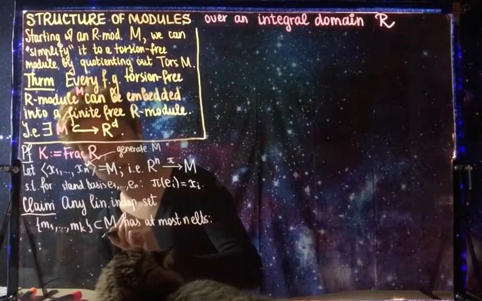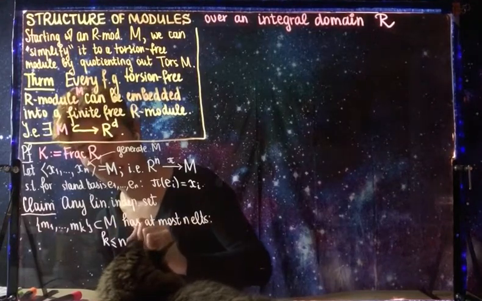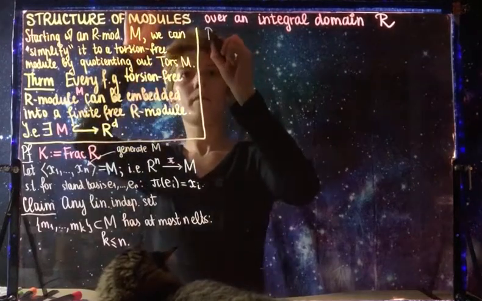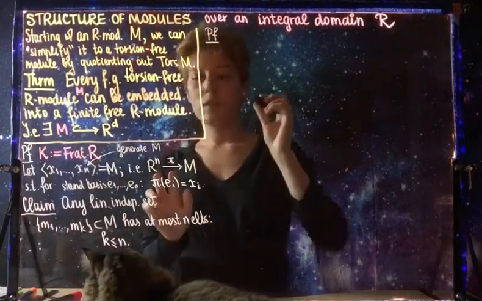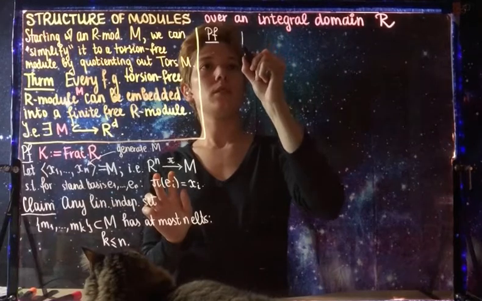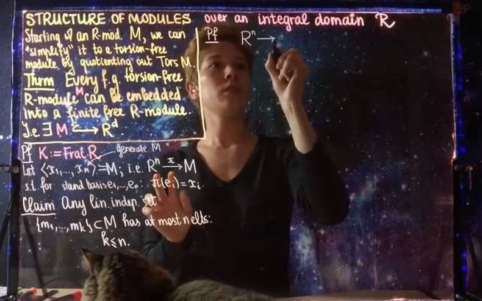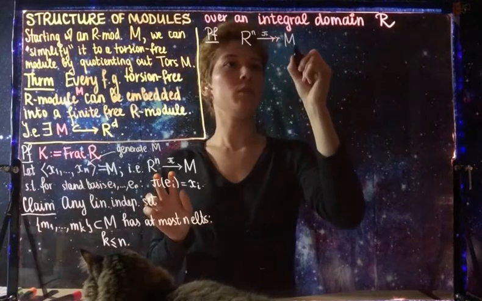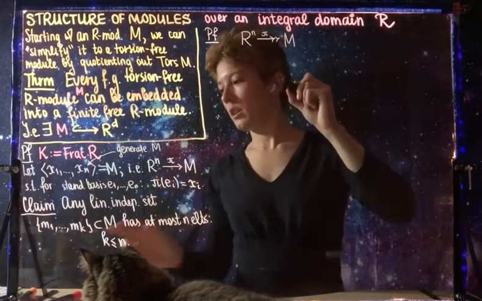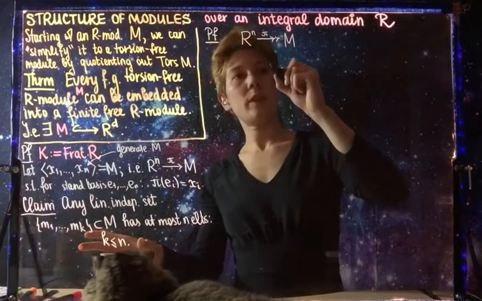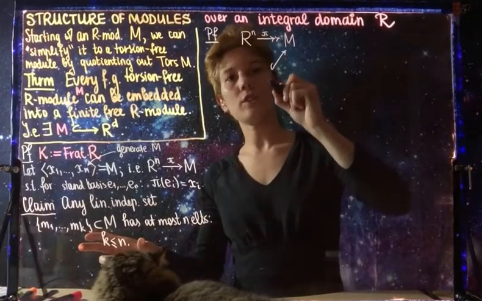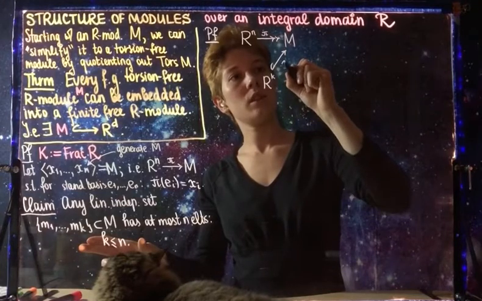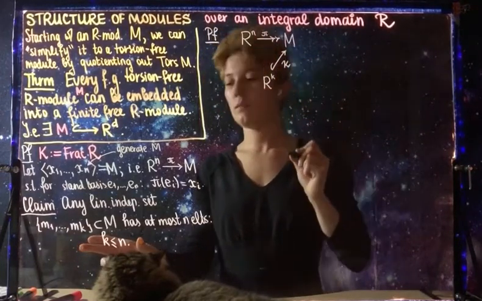So k is at most n. We know that we have this surjection, R^n surjects onto M, and this linearly independent set defines an injection from R^k, I call it kappa, into M.